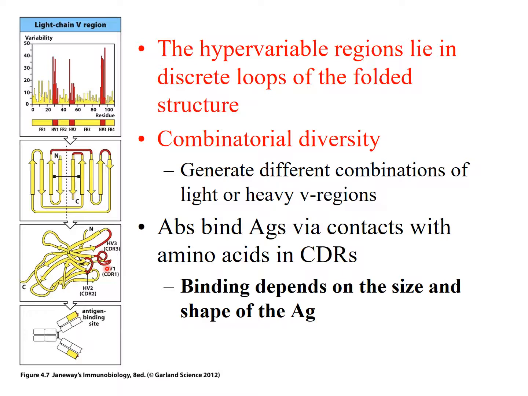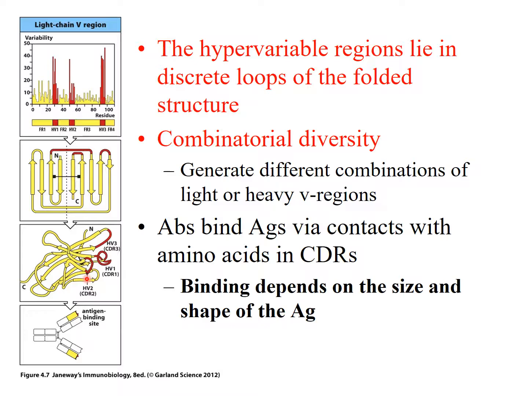When you look at these hypervariable regions, you see that the CDR, the complementary determining regions, all will cluster together. By clustering together, they will determine the binding site. They will determine the three-dimensional shape of this binding site.